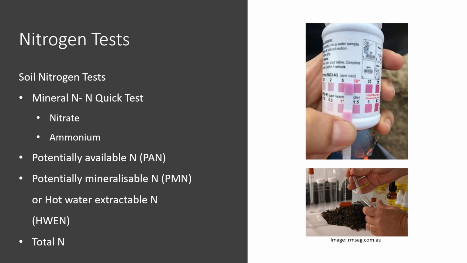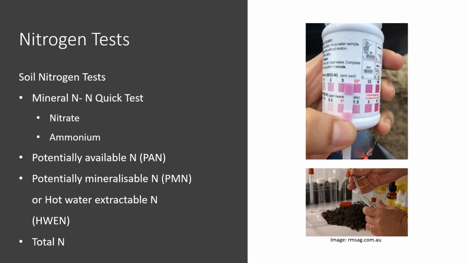Potentially available N, also known as PAN or anaerobically mineralizable N, is a test that can be used to determine how much N might be made available over the lifetime of a crop, i.e. how much nitrogen might be converted from organic form to mineral form. This test should be done before the crop is planted and is the test used by Nutrient Management for Vegetable Crop Guidelines to make nitrogen recommendations.